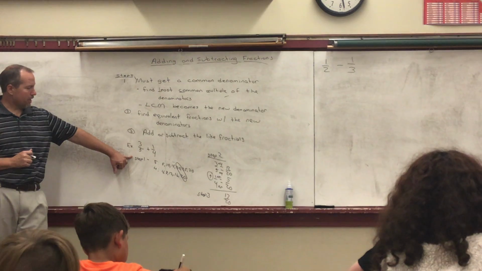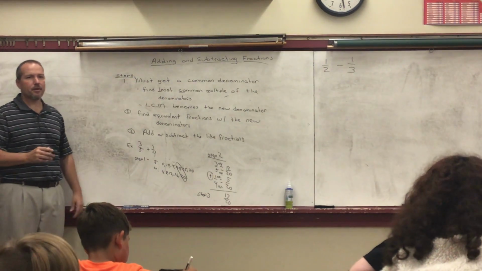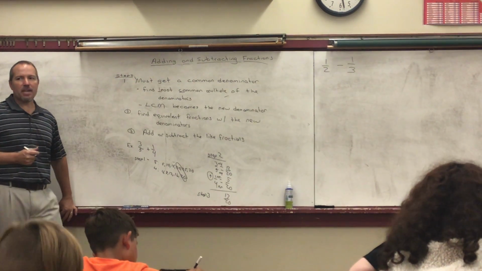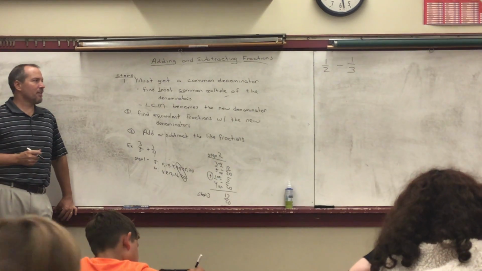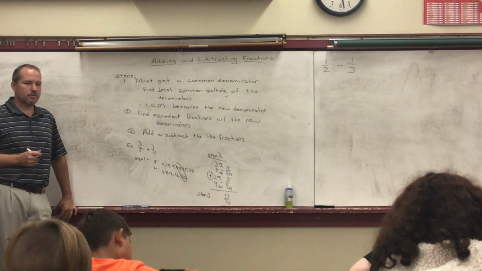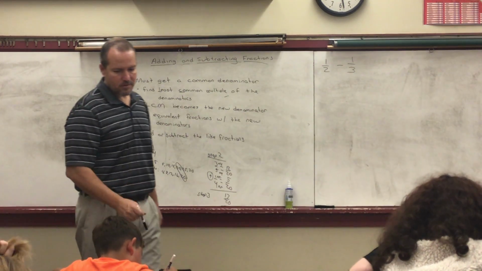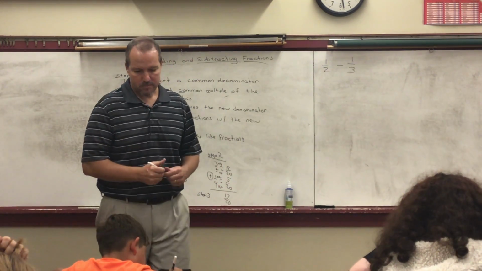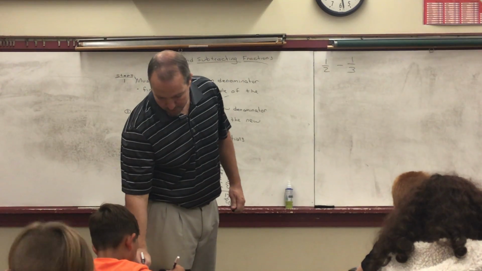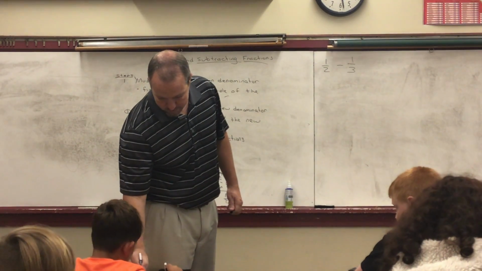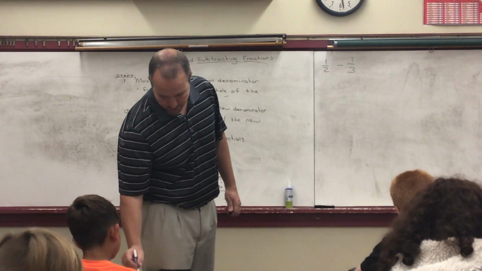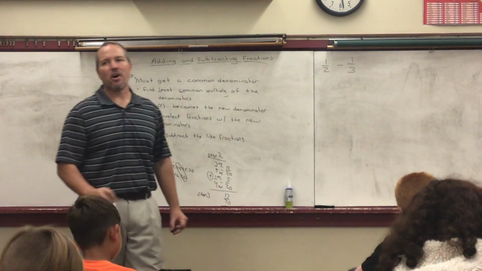Just like here is step 1, we're going to do the same thing for 1/2 minus 1/3. You're going to list the multiples of the denominators and find the least common multiple. The first multiple is always itself.